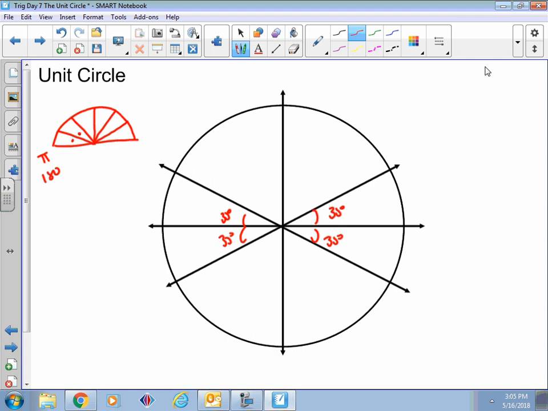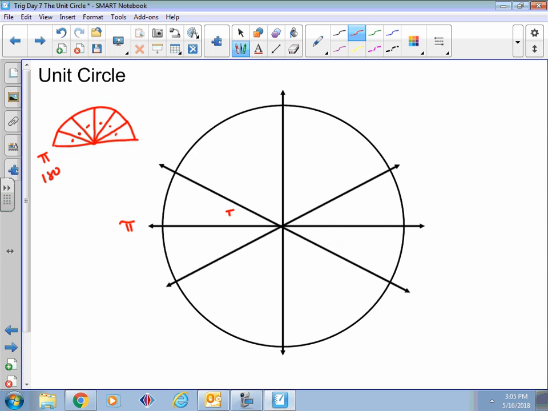So there's got to be 6 of those 30-degree angles to make half of a circle. So think about that in terms of radians. If a half a circle is pi radians, then each of these 30-degree angles has to be 1/6 of that.